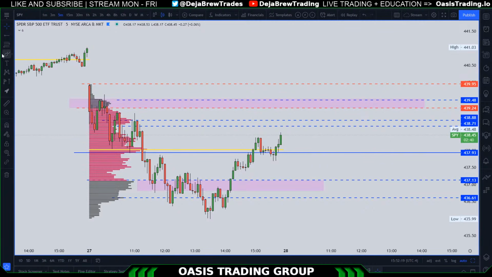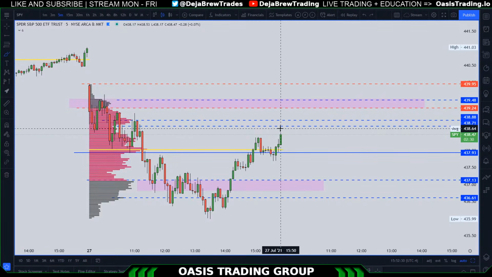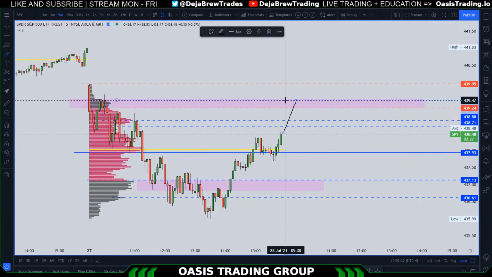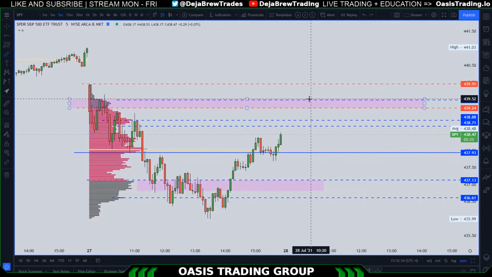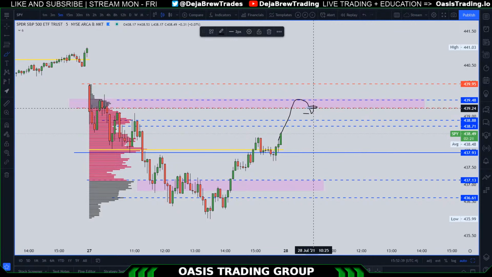Once again, because this node is so close to the value area high, you would not be looking for a limit. You would be looking for a retrace. So if it came up like this, you're not going to instantly get in. You're going to wait for it to clearly fail that zone.